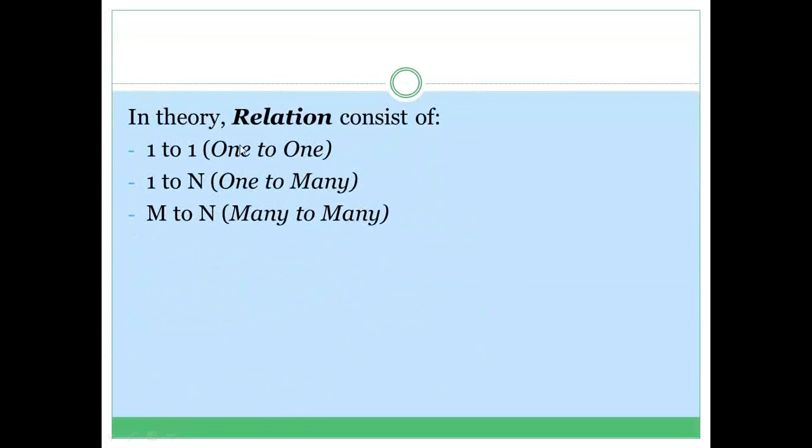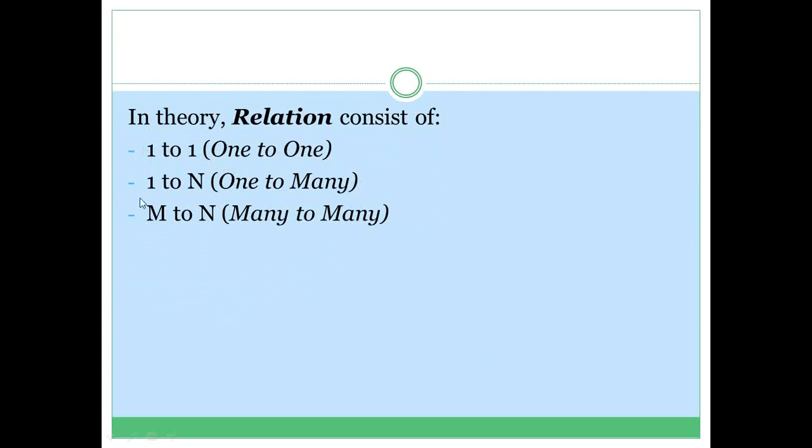In theory, so it's only in theory, relation consists of one-to-one relation, one-to-many relation, and many-to-many. From my lecturer, I got the reason that one-to-one is only in theory. So in reality, we may not find a one-to-one relationship.